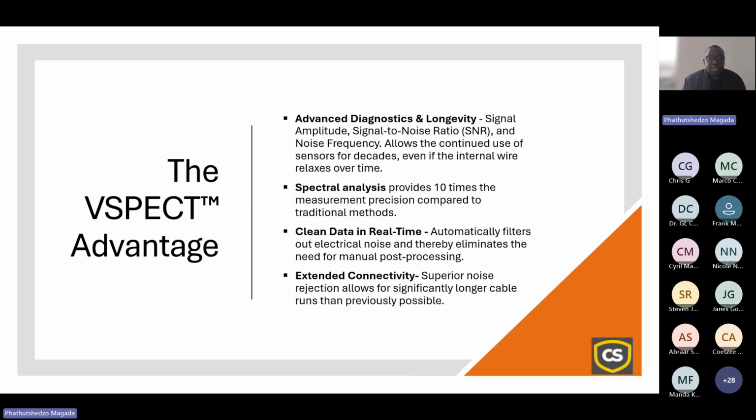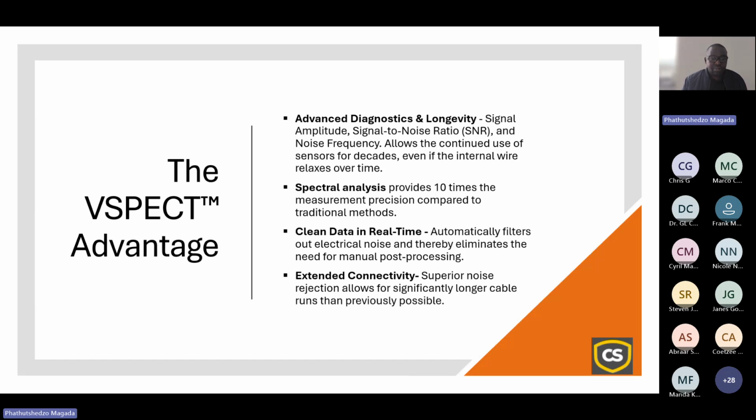It provides 10 times measurement precision compared to traditional methods, and it ensures clean data in real time because it is able to automatically filter electrical noise, thereby eliminating the need for manual post-processing.